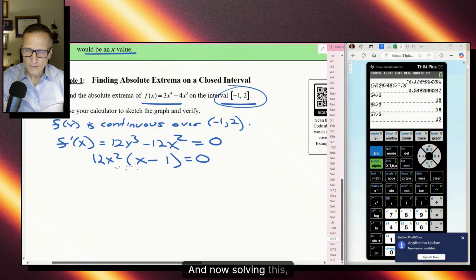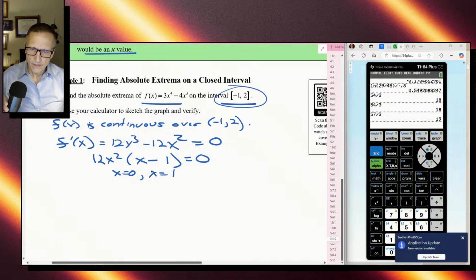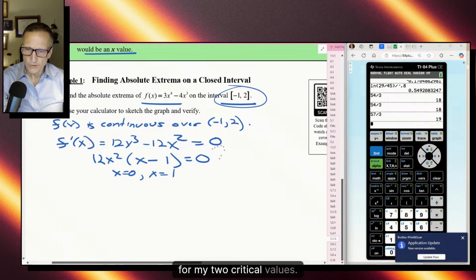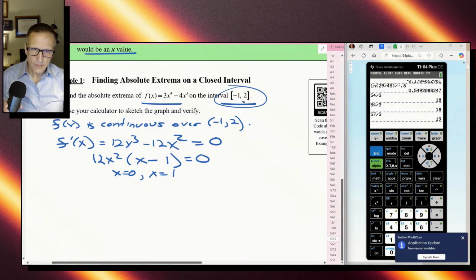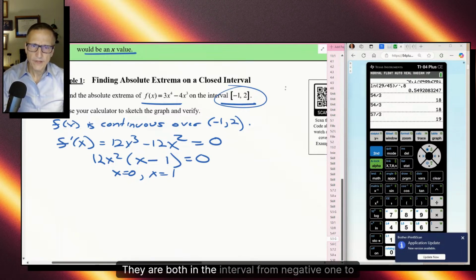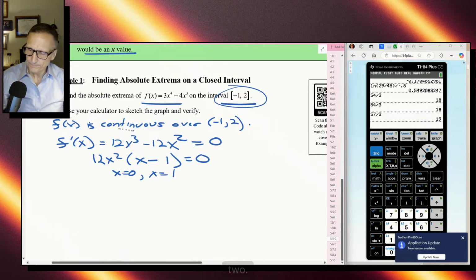And now solving this, I'm getting x equals 0 and x equals 1 for my two critical values. So now, are these both in this interval? They are both in the interval from -1 to 2.